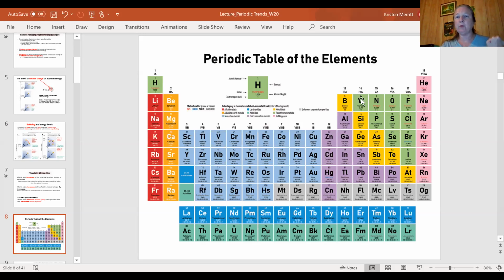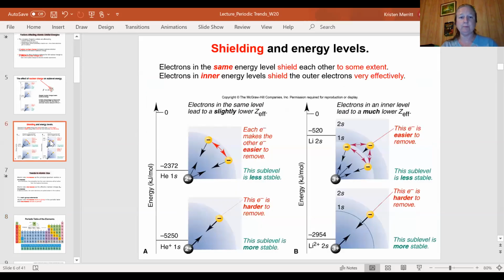They're not only farther from the nucleus, with all of these electrons between, let's talk about this electron right here, and the nucleus. You also have this electron with a repulsion effect from this one and this one. So that's going to increase your ability to remove it. It's going to take less energy to remove that electron.